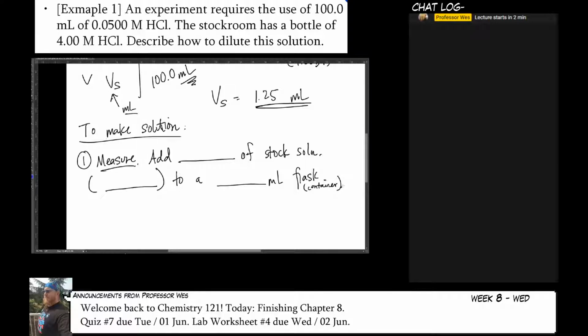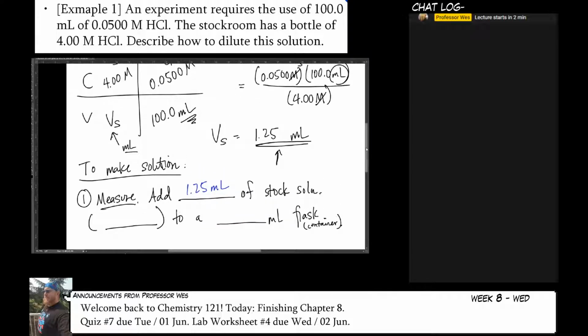Now we need to fill in all of this stuff. So how much stock solution did we measure? Well, we just calculated that, right? What is the stock solution? Well, we know that because we just put that in the chart. That was this, right? And then we'll just write HCl because we want to identify it.